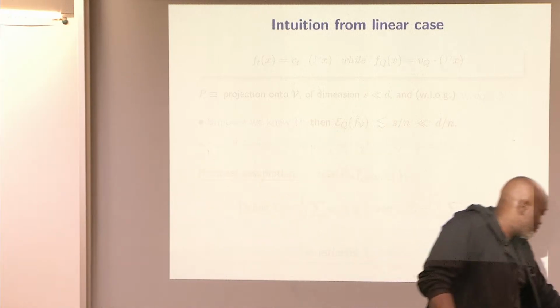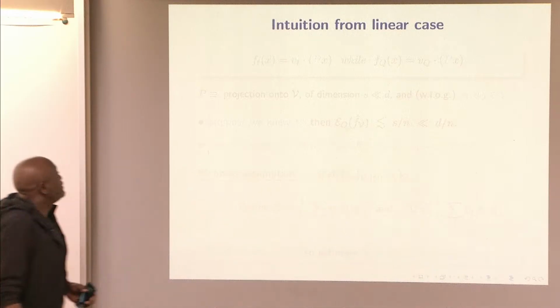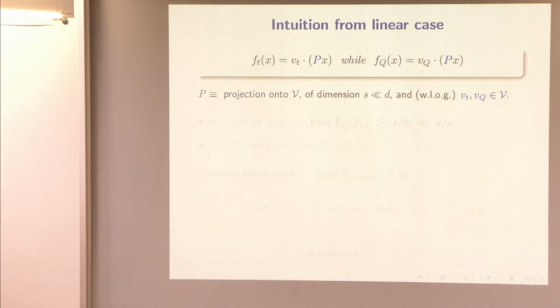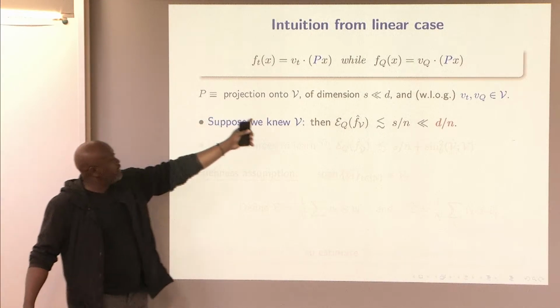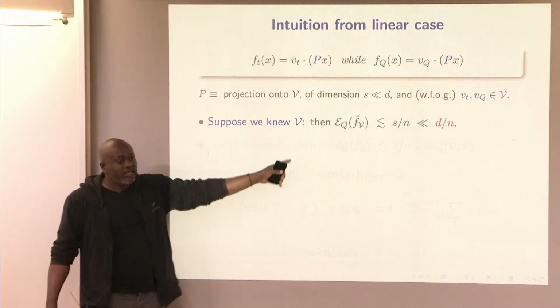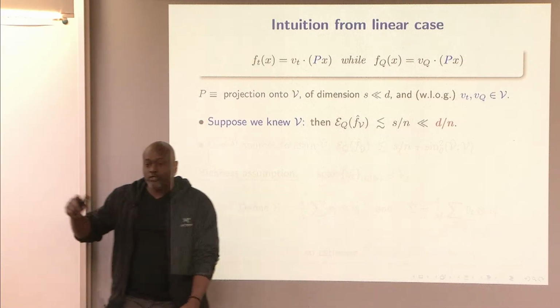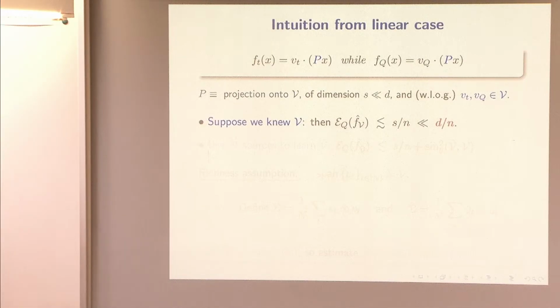Okay, so intuition from the linear case. Let me try to go through this without flying through it. The intuition is very basic. P is a low-dimensional projection, let's say of dimension S, much smaller than D. So if I knew the subspace V onto which P projects, then I can just do regression in that subspace, and I get a rate of convergence S over N, much smaller than D over N. So that's all, right?